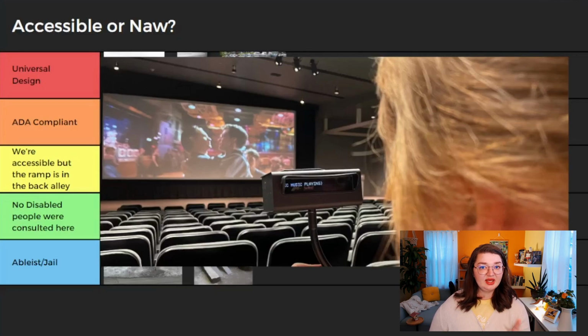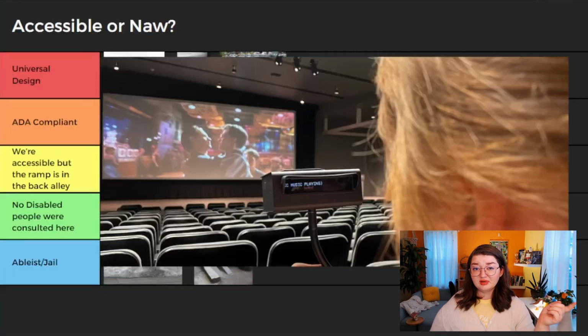And I'm going to put this one in ADA compliant rather than universal design because I have heard a lot of people in the deaf and hard of hearing community advocate for open captions, where the captions are on the screen that the video is playing on rather than having to have this device.